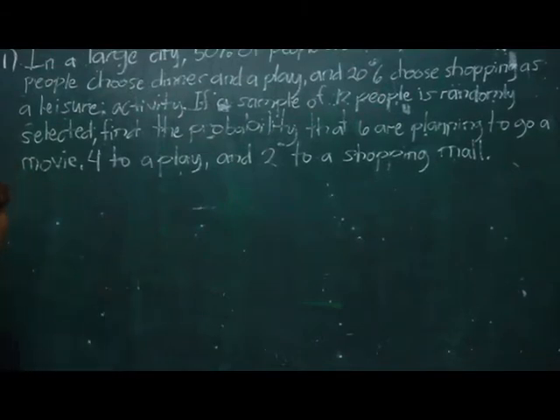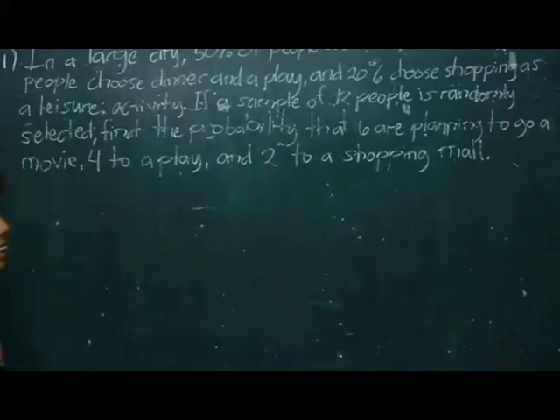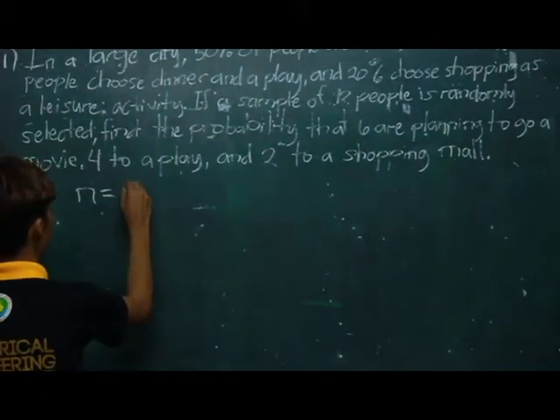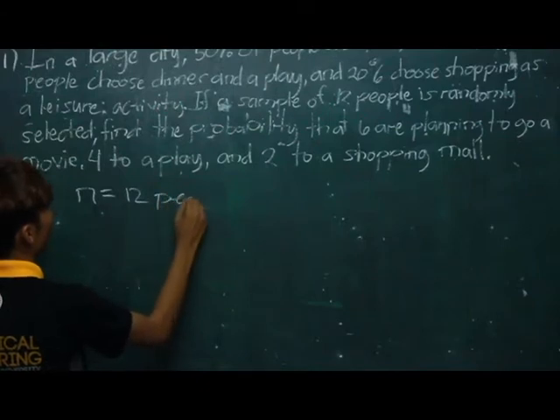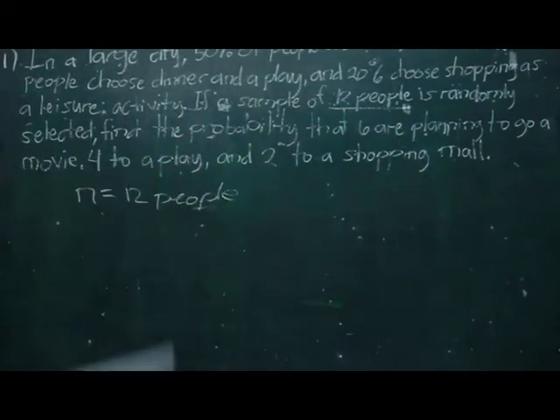As you can see here, there are so many parameters, so many numbers. So let us first discern what n is. Our sample value is 12 people, since it is indicated that 12 people are randomly selected.